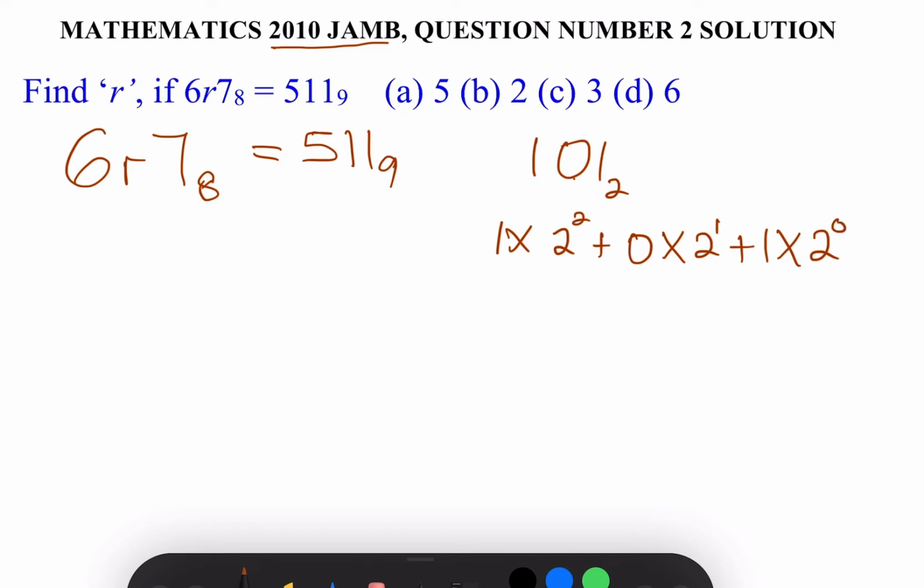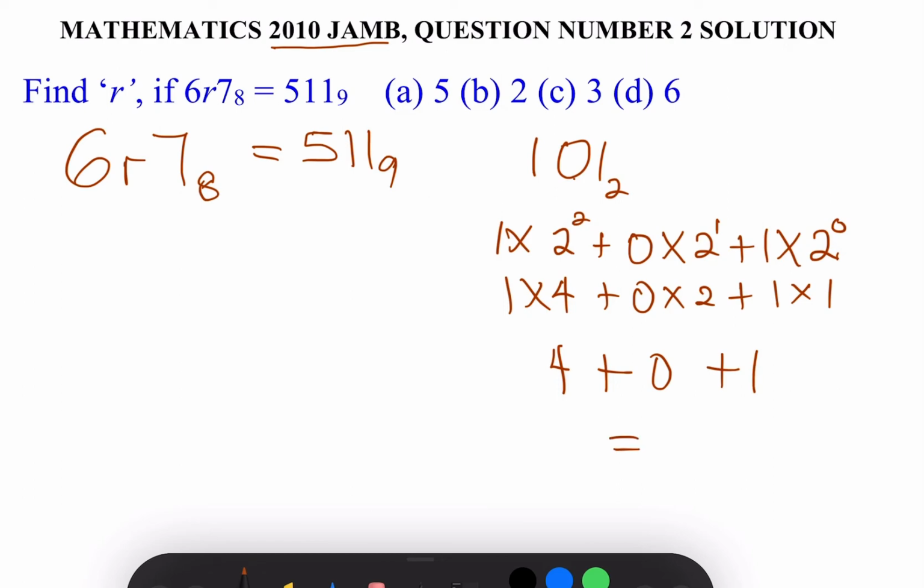Then add this. That's 1 times 2 raised to power 2, which is 2 times 2, 4, plus 0 times 2 raised to power 1, which is 2, plus 1 times 2 raised to power 0, and 2 raised to power 0 is 1 from indices. Then you have 4 plus 0 plus 1.